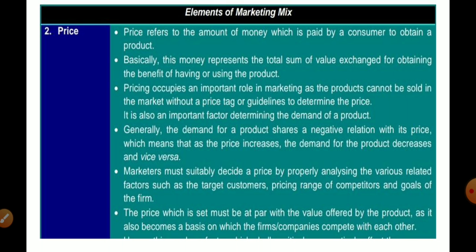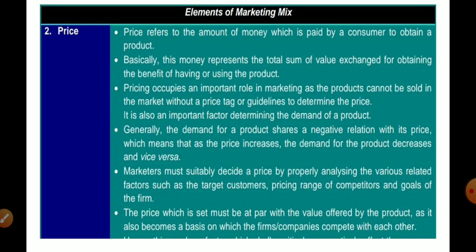Pricing occupies an important role in marketing, as a product cannot be sold in the market without a price tag or a guideline to determine the price. It is also an important factor in determining the demand of the product. The demand for a product shares a negative relation with the price, as you studied in economics. Price increases, demand decreases. The marketer should decide the price in a suitable manner so that they can increase their product's price and demand also.